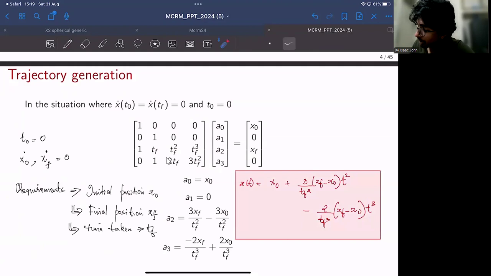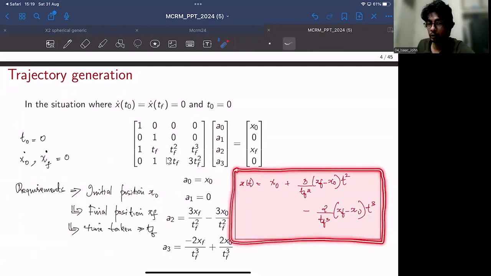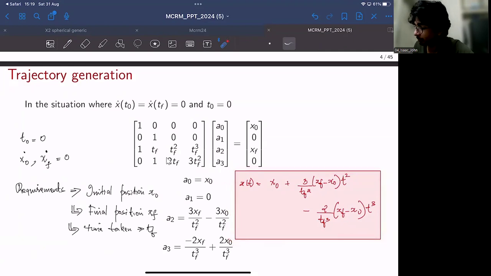So this is how our third order polynomial, a cubic trajectory planner would look like, provided initial and final velocities are 0 and our initial time is also considered to be 0. You can always use this expression if you want to plan a cubic trajectory that starts from x0 and ends at xf, and the total duration would be tf. So that is about cubic trajectory planning.